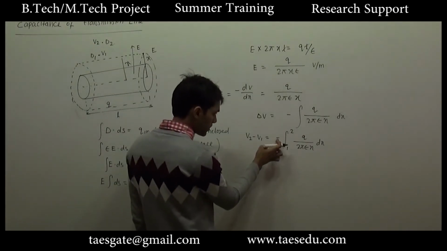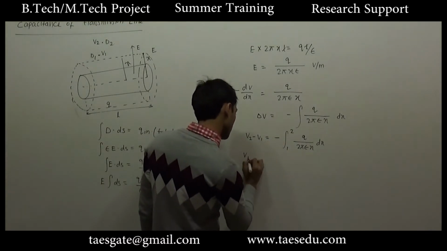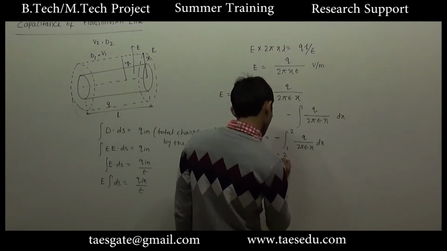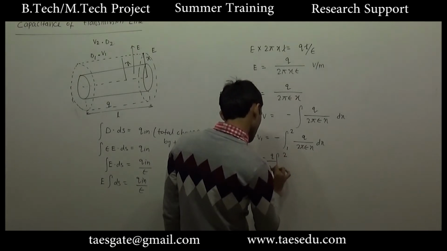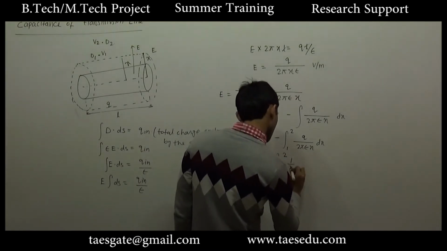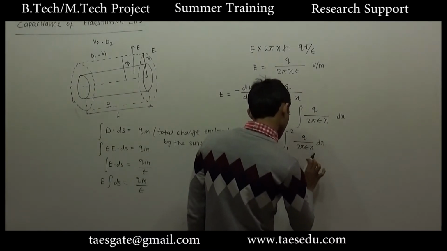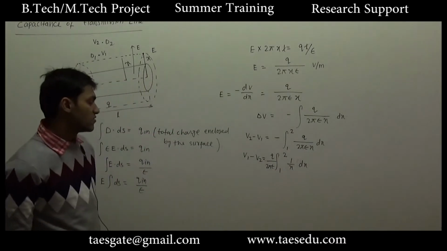Or if you take this minus to the left hand side, we will have V1 minus V2 equal to the integral from 1 to 2 of Q divided by 2 pi epsilon, 1 by x dx. And what is V1 minus V2?